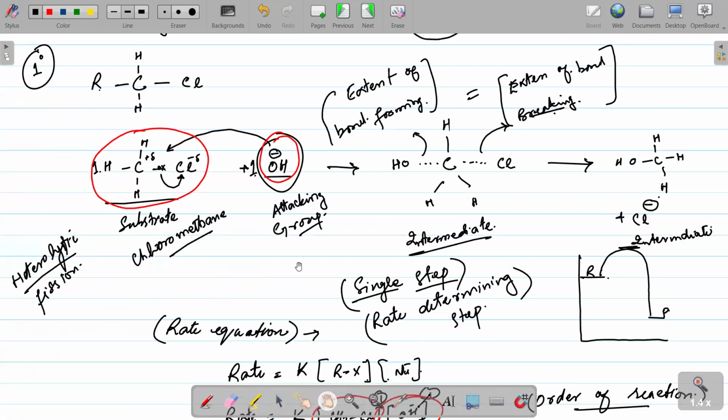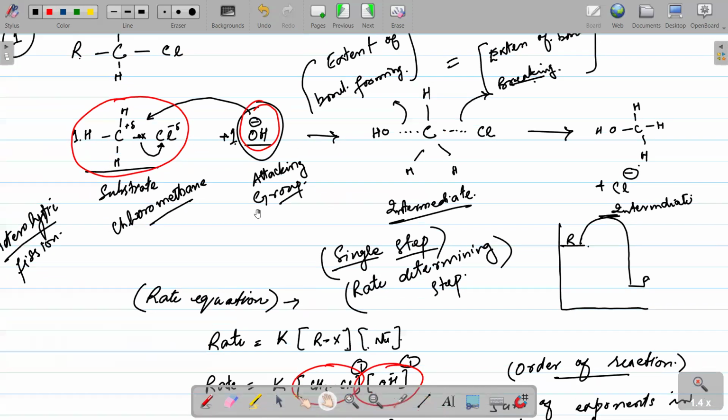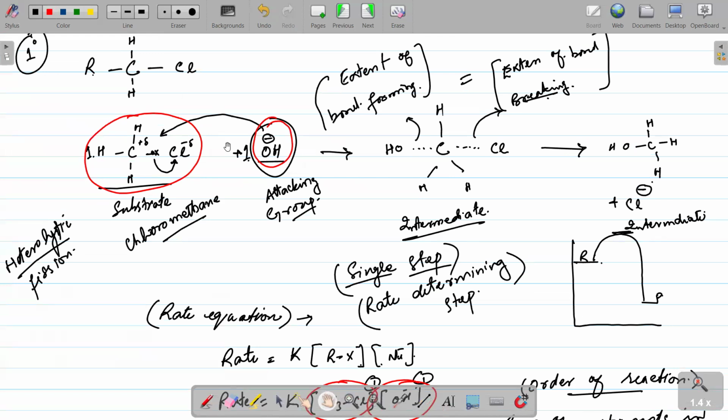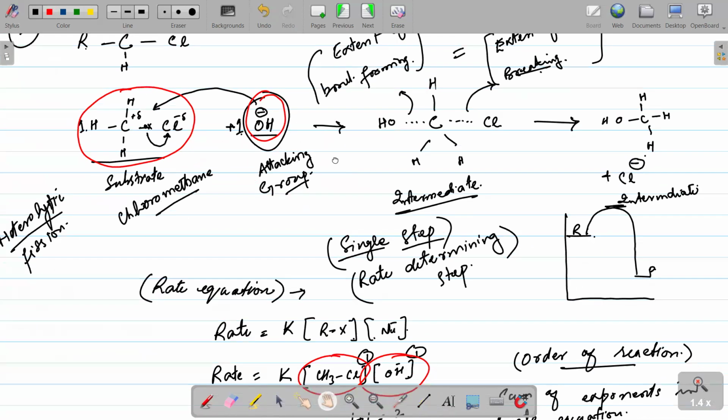Because its molecularity is 2. Now what is molecularity? The number of molecules which are participating in our rate determining step. So if it's a single step, then this will also be the rate determining step. Is it clear? And primary halogenoalkanes follow the SN2 reaction mechanism.